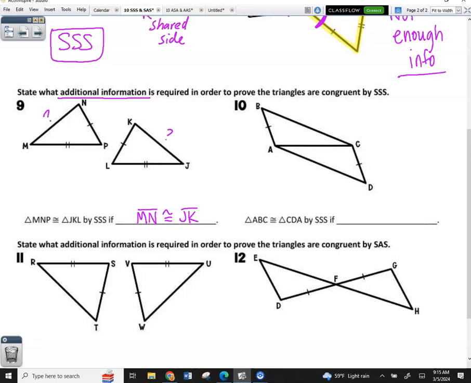What could I mark? Because they're touching. The shared side. I've got a shared side. So I could mark this. Now put your question mark on what you need.